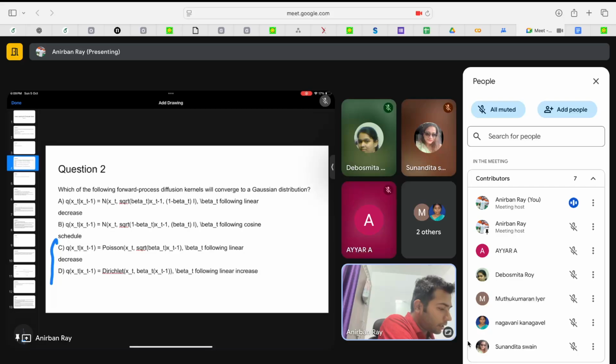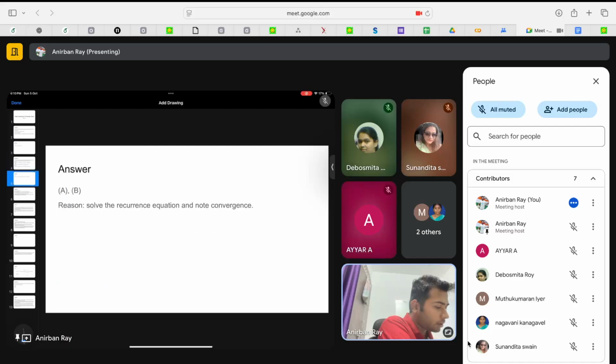They are linearly reducing it, and another is the cosine schedule they have written. As far as I know, both work out. Now if we're using a different distribution, of course, it will not converge to a Gaussian. I think the top two should be the answer.